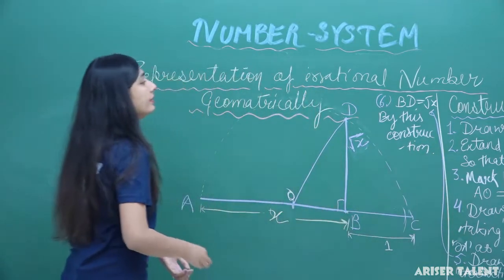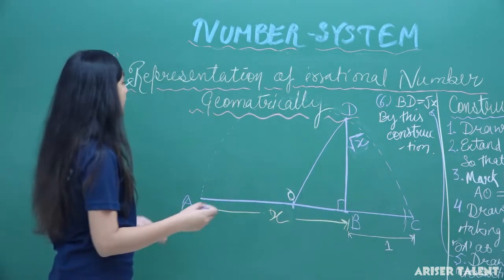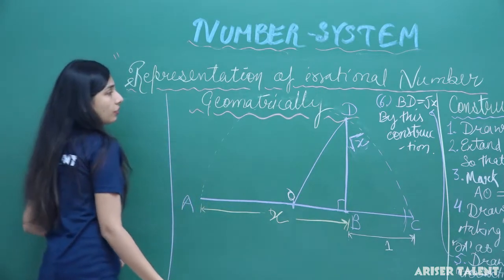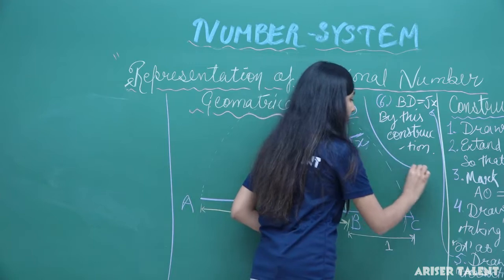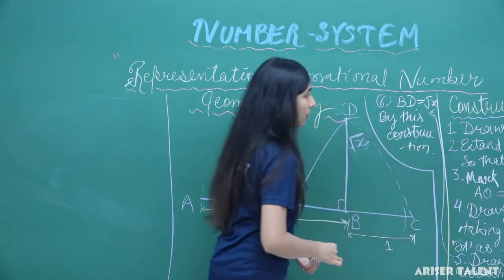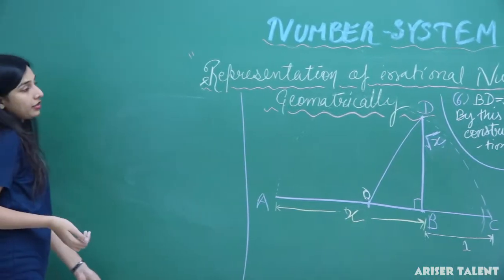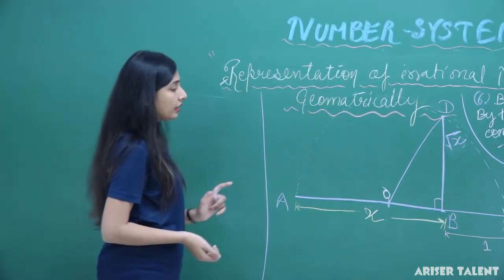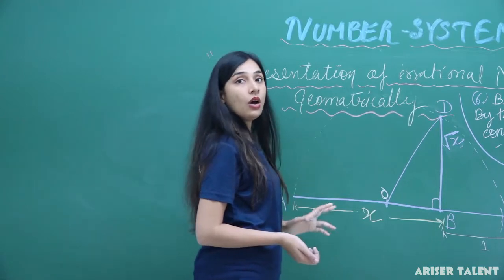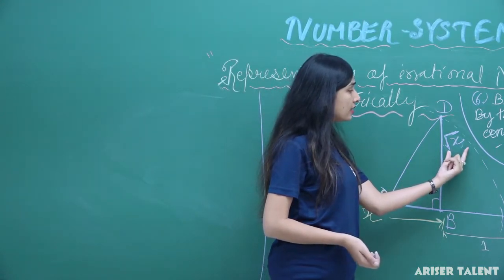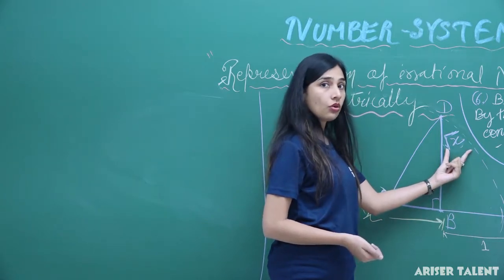Now, these are the construction steps. Now, how are these construction steps actually true? We will find it. So, students, you are seeing this triangle OBD. Now, you have to find out whether this is root x or not.